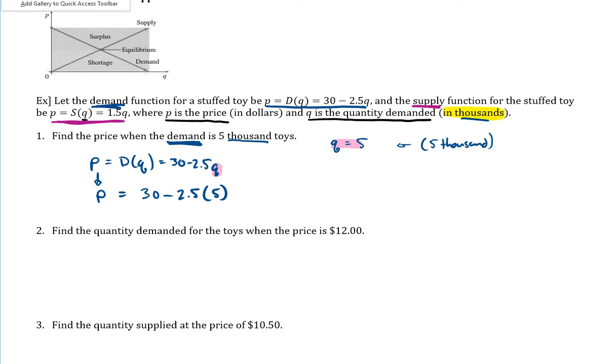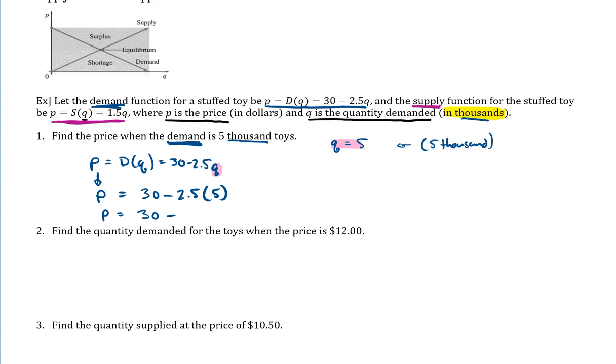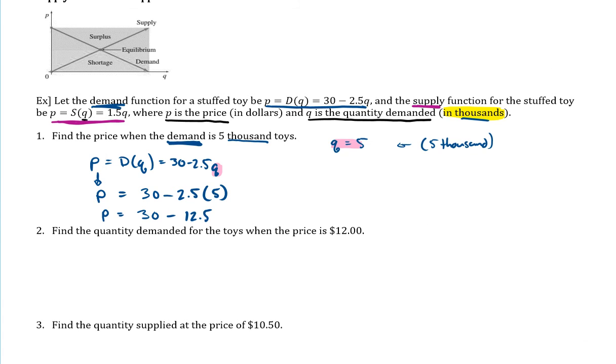At this point, if I am solving for P, we could do that with just order of operations. So P is equal to 30 minus 2.5 times 5. 2.5 times 5, I think that's 12.5. Let me make sure though. Okay, so we've got 30 minus 12.5, and now from here we can subtract. Since I don't like the decimal, I'm just going to really make sure. So 17.5.